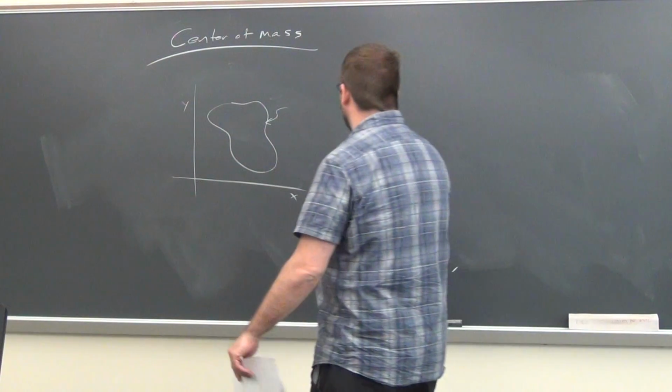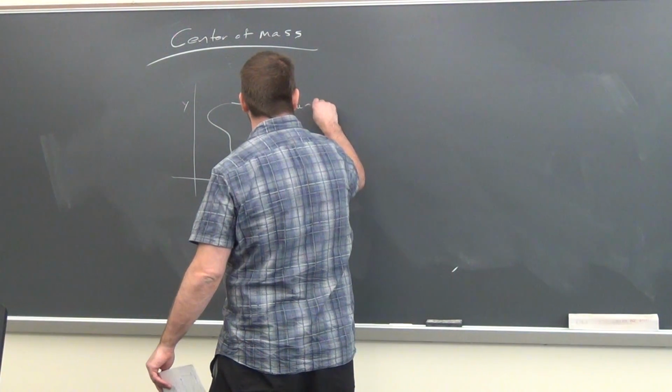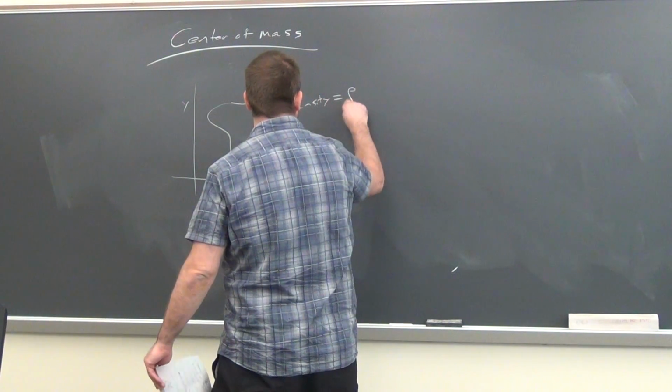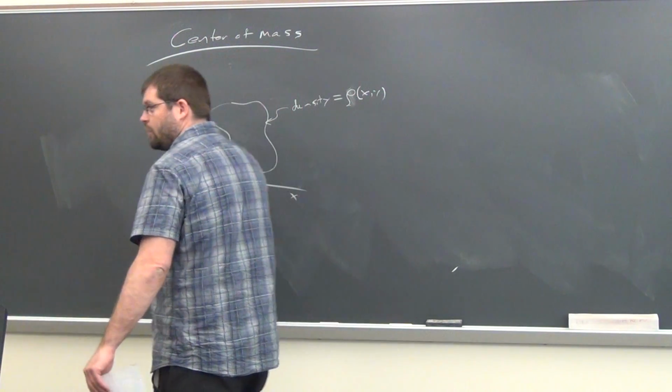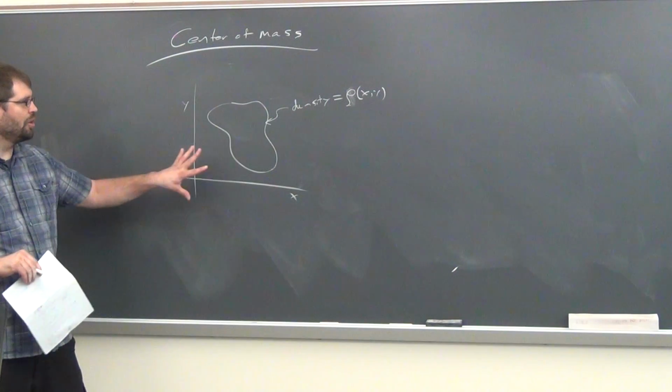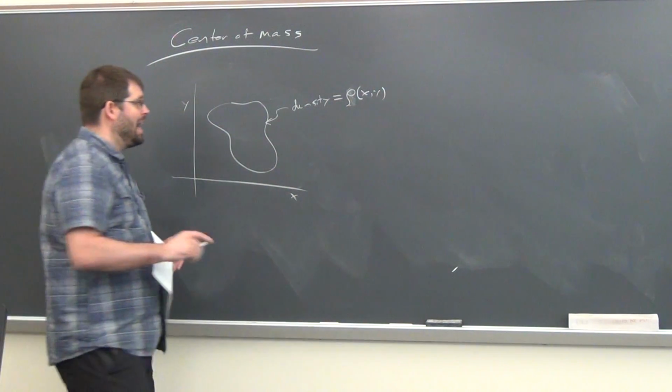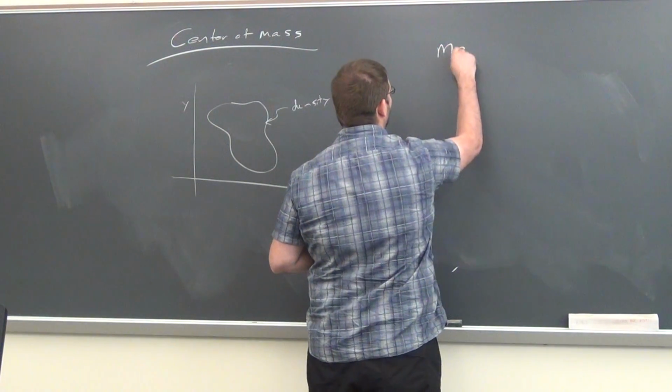And so if this plate has density rho of xy, so now it's a function of xy, right? The density changes as you move around the plate. The mass, so I'm just going to write down our formula.